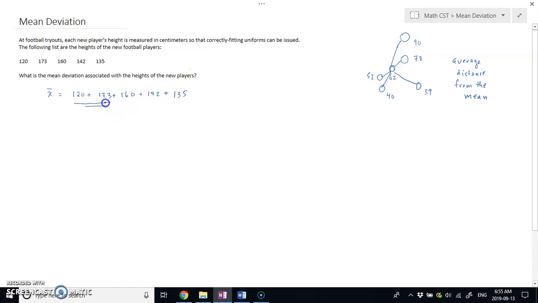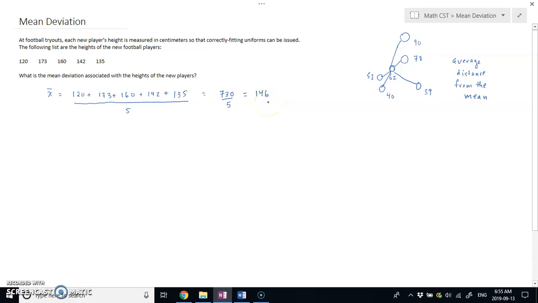Divide by 5. So I notice here that if I add them all up, I get 730 on the top. And if I divide that by 5, I find out that my mean for this data set is a height of 146 centimeters. So that's great.